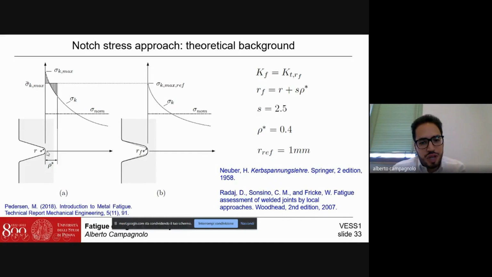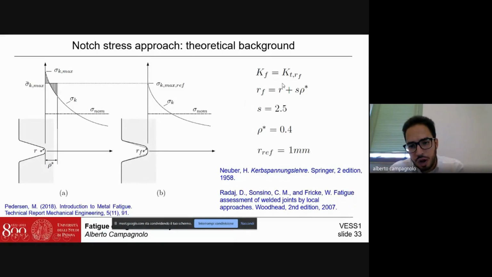So now, if we can derive a relationship between the fictitious radius of the new notched component as a function of the original one, we can define a new geometry of a notched component and very rapidly and quickly calculate the peak stress, which is the effective stress. So the procedure is very rapid and applicable also to complex notched components.